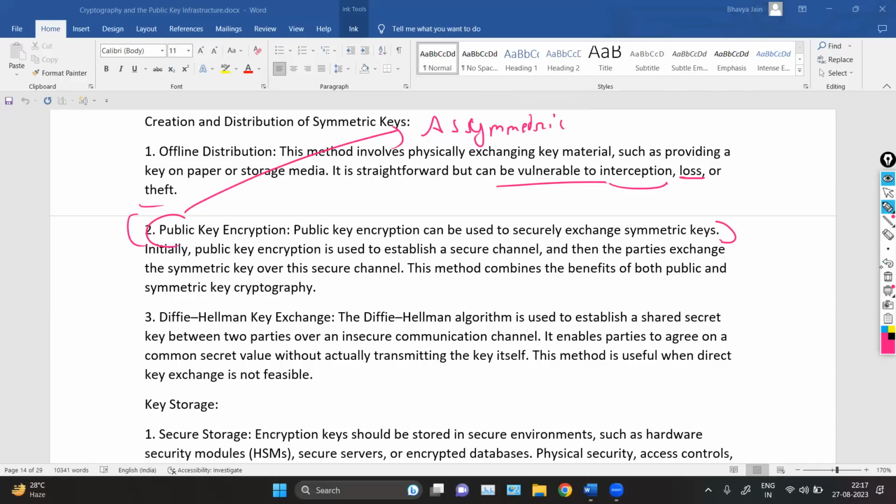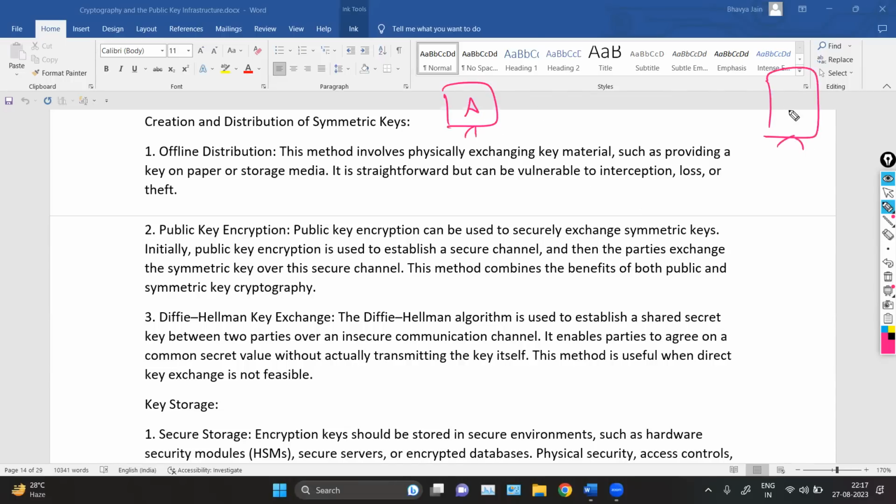For example, let's say there's a user A and a user B. Before the encryption, user A has to transfer the key to user B. For transmitting, user A uses an asymmetric algorithm, which is also known as a public key algorithm.